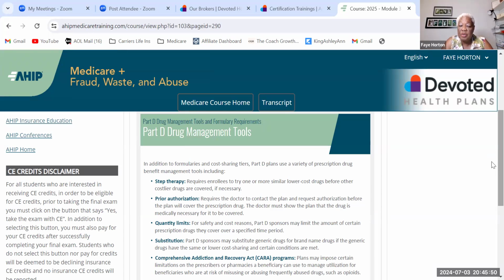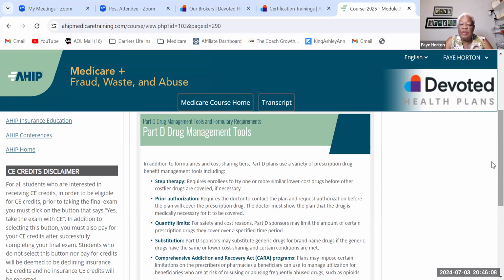Prior authorization requires the doctor to contact the plan and request authorization before the plan will cover the prescription drug. The doctor must show the plan that the drug is medically necessary for it to be covered.